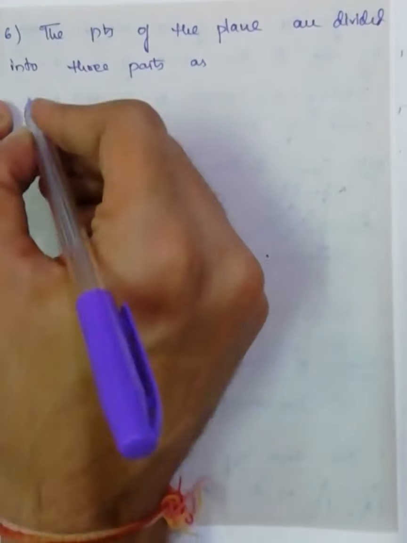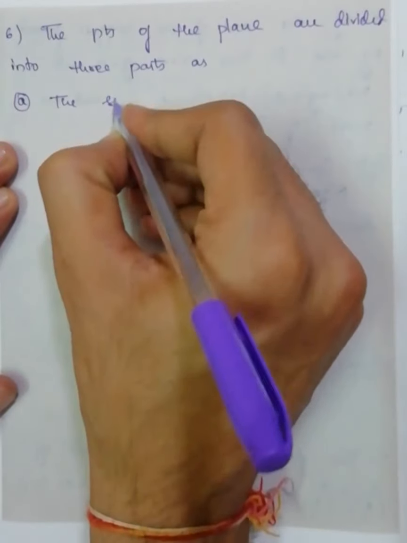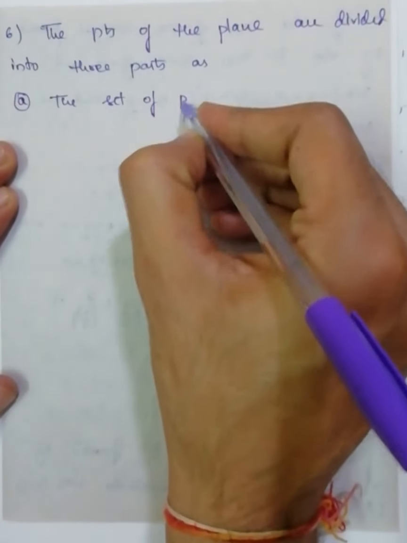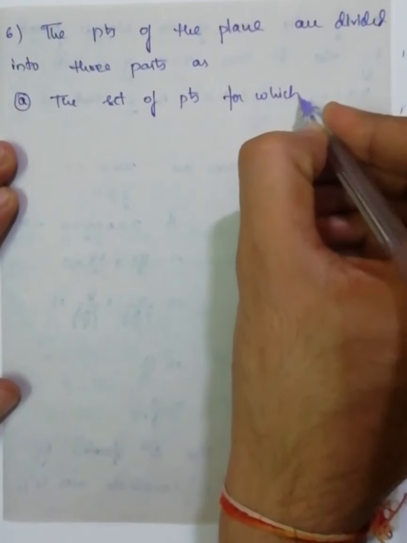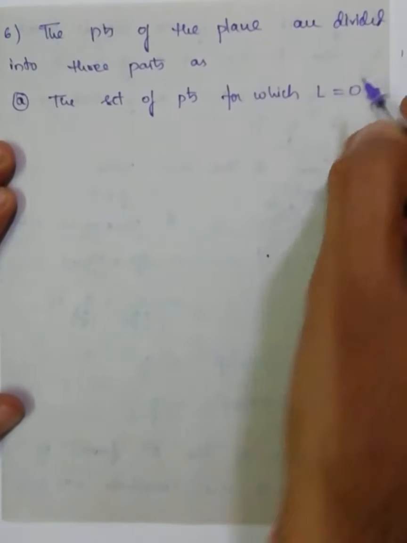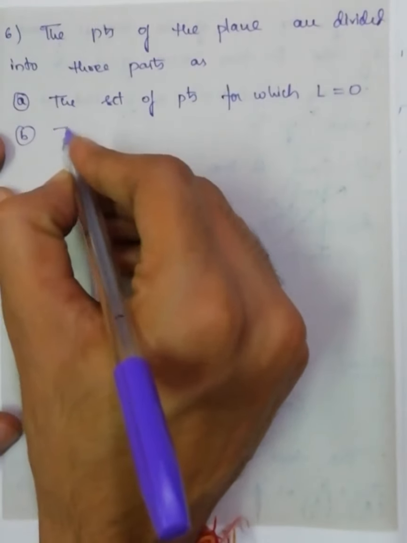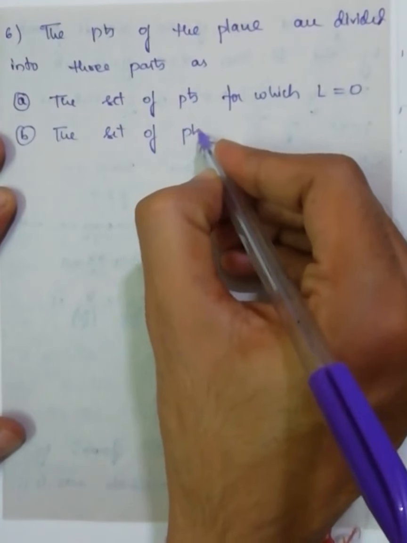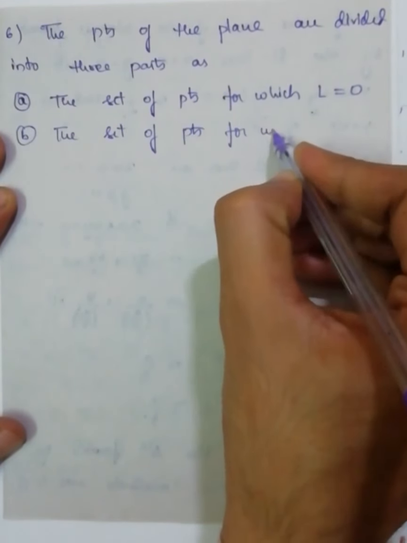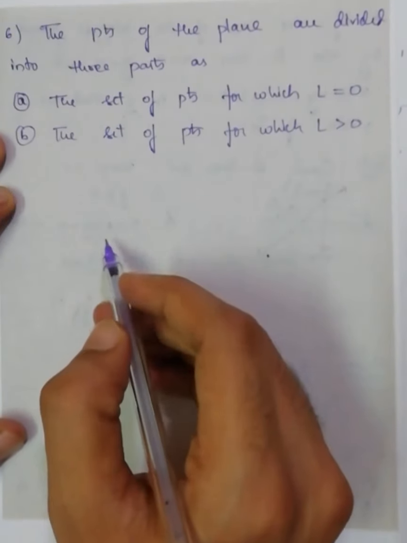A, the set of points for which L becomes 0, means the points on the line L. B, the set of points for which L is greater than 0.